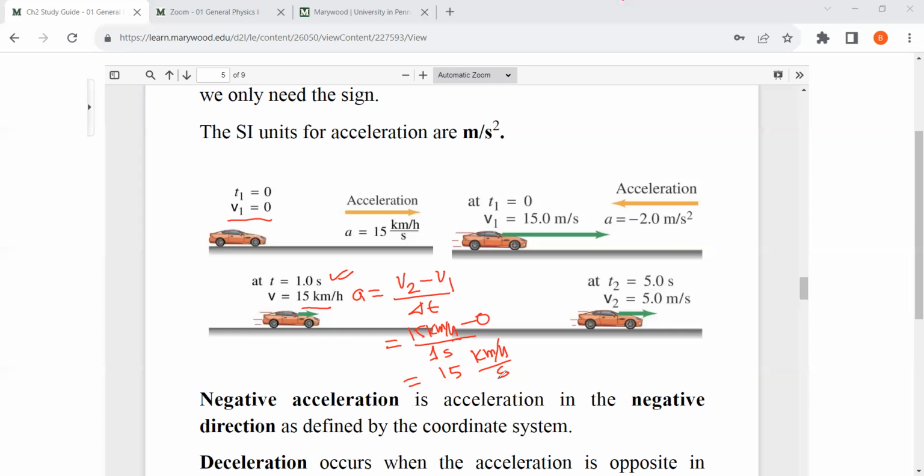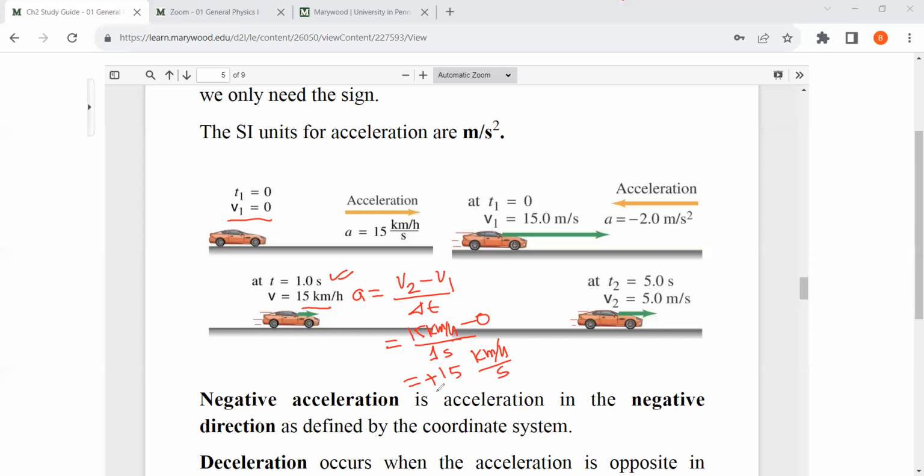And what is the acceleration? Acceleration is final velocity minus initial velocity. Here final velocity is 15, initial velocity is 0, and delta t is again final time minus initial time, which is equal to 1 second. So we get some value for the acceleration. Now here you see that the value for the acceleration is positive.